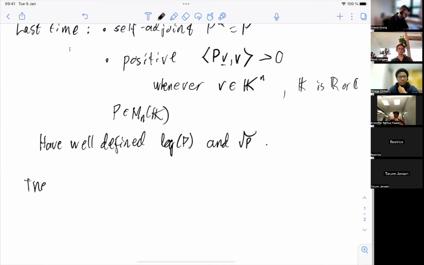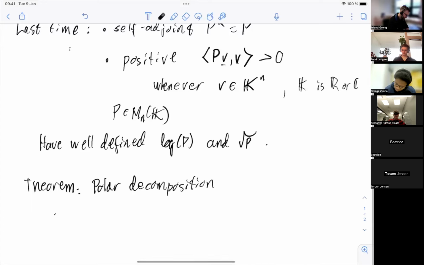So what we didn't do last time was the following theorem, which is the polar decomposition, which was what we were aiming for. If we have any invertible matrix, we can do it in C, since the real matrix will then be a special case.